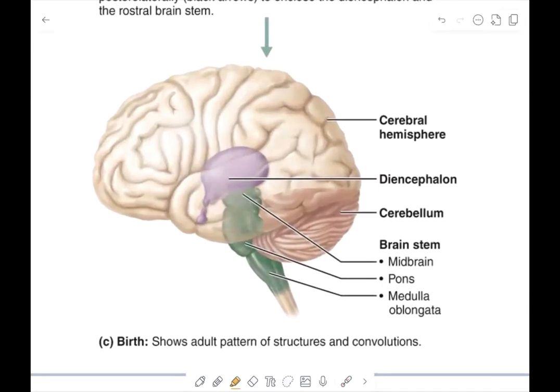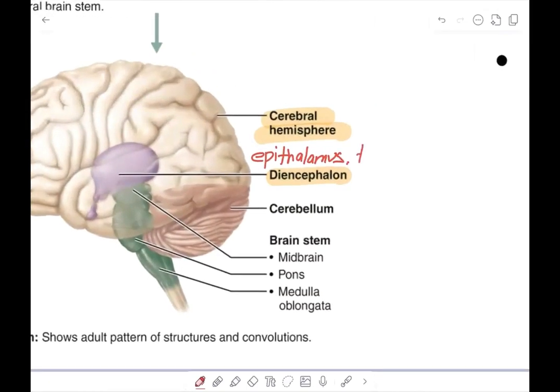So the cerebral hemispheres, which are the executive part of the brain, essentially, the diencephalon, which has all of these thalami. So it has the epithalamus, and the most important part of that is the pineal gland, the thalamus, and we're going to talk about the functions of all of these different ones, as well as the hypothalamus.